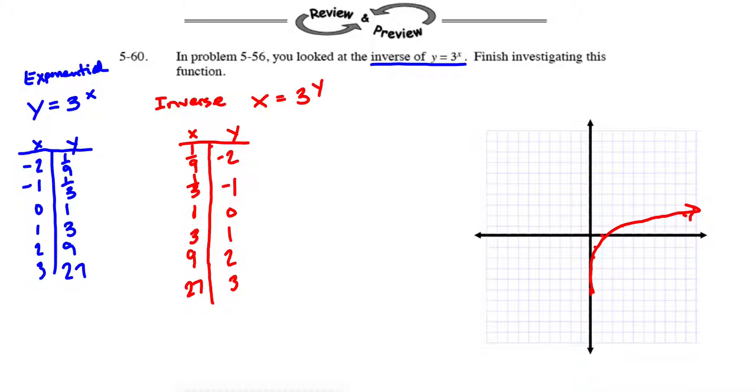And then it should continue on down, not actually touching our y-axis there, but it should come up and curve out this way. Now, to finish investigating here, some of the things we need to look at is, what is the domain? What is our range? Special points, is there an x-intercept? Is there a y-intercept? And are there any asymptotes?